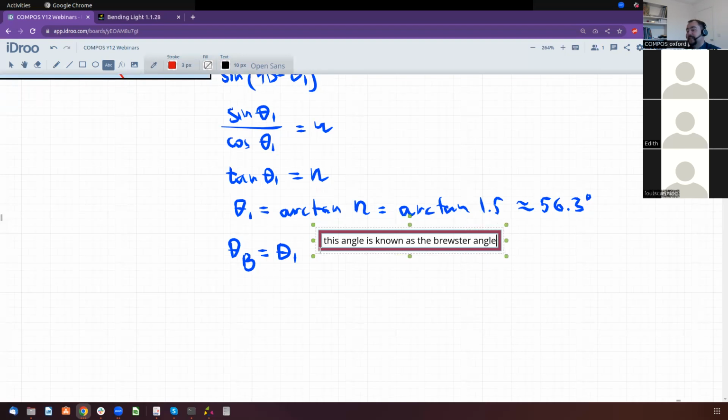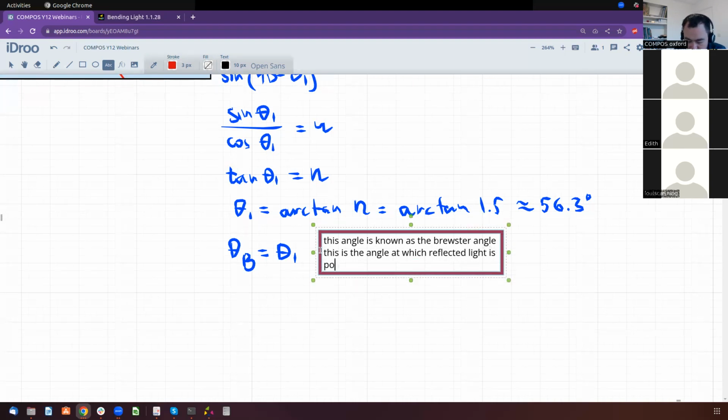This will be studied in year 13. In short, I will say that it is the angle at which the reflected light is polarized.